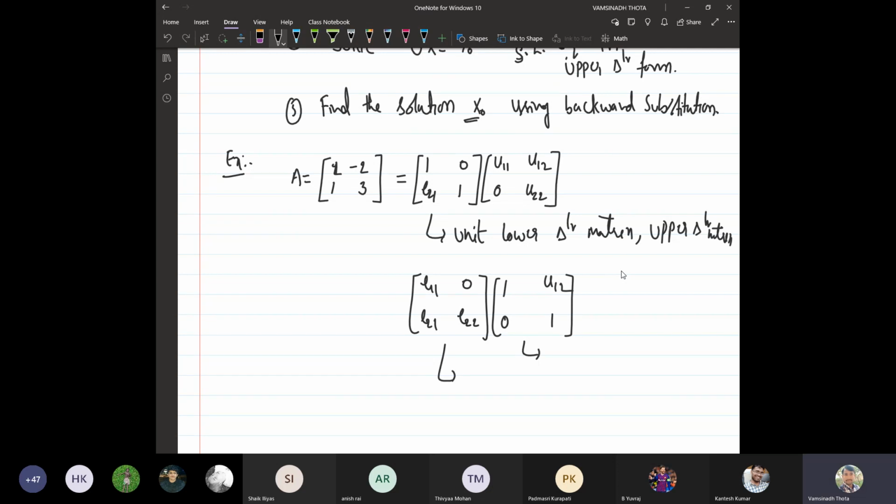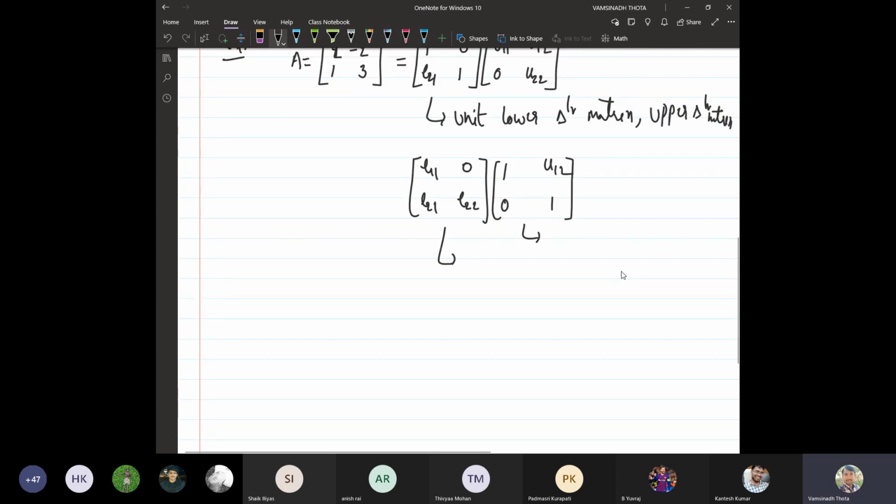But some of you might think, sir, why don't we consider both a unit lower triangular and a unit upper triangular matrix? Suppose you consider both, unit lower triangular [[1, 0], [some number, 1]] times unit upper triangular [[1, some other number], [0, 1]]. Now what is the determinant of this product? The determinant of a product of two matrices is the determinant of A times the determinant of B. The determinant of the lower triangular matrix is 1, and the determinant of the upper one is also 1.